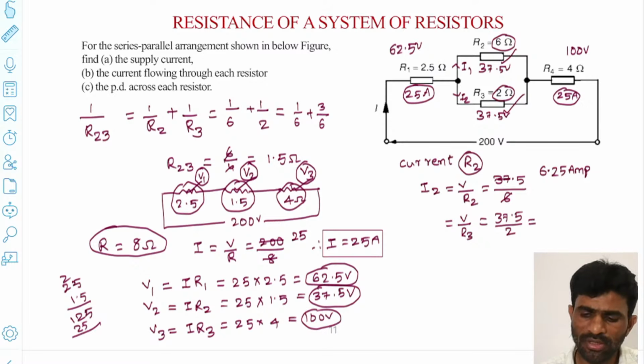So how much will it be? 2 ones are 2, 17, 2 eights are 16, put the point, it becomes 15, 2 sevens are 14, 1 will be left, 2 fives are 10. So 18.75 amperes.